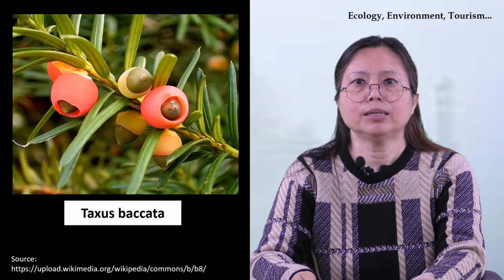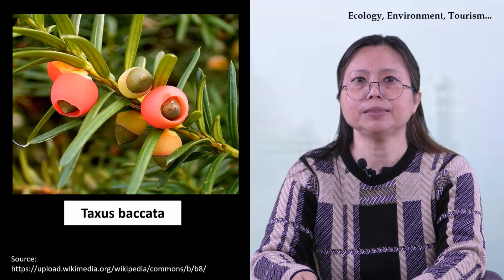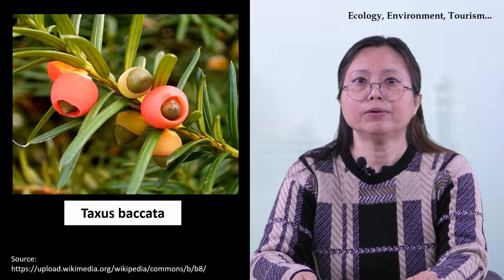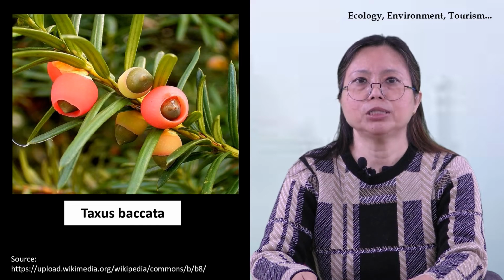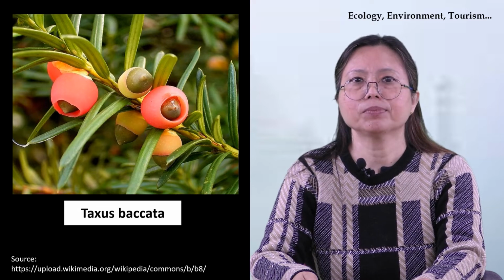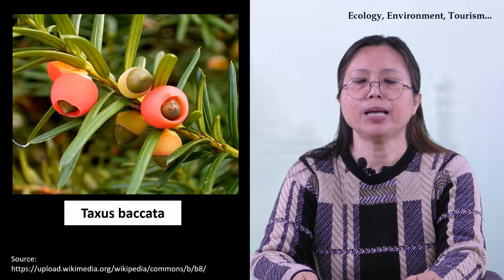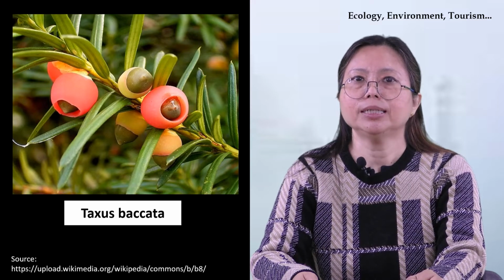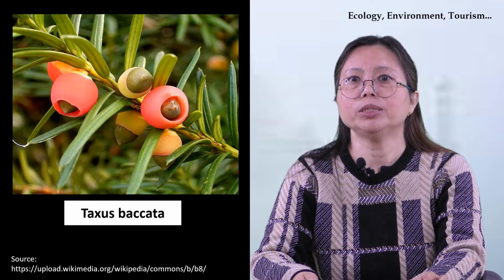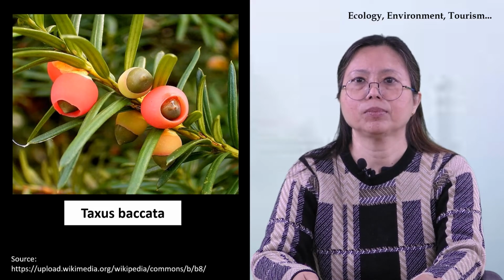This is an image of Taxus baccata, a medicinally important plant used for treating ovarian cancer. From this plant, a compound, Taxol, is isolated, which is used for treating ovarian cancer.